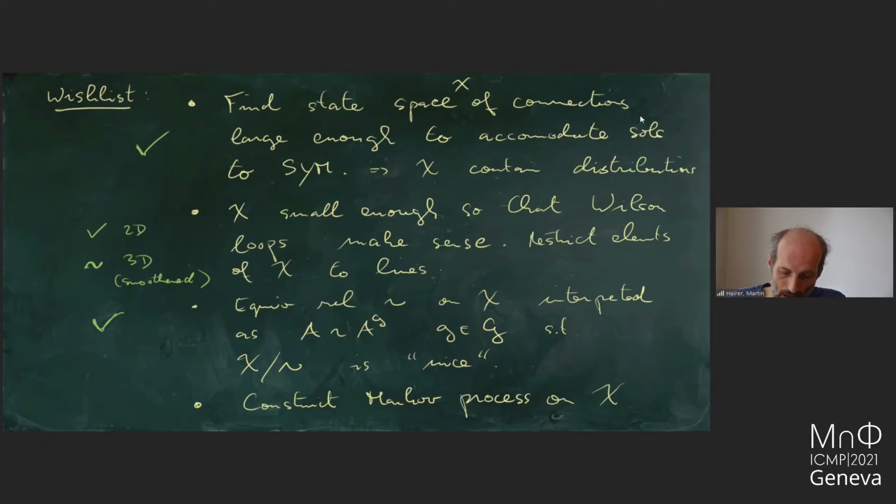And what we mean by nice, in 2D, in our construction, nice is really nice, in the sense that the quotient space, you can turn it into a complete separable metric space. So it's basically the nicest kind of topological space that you can think of.